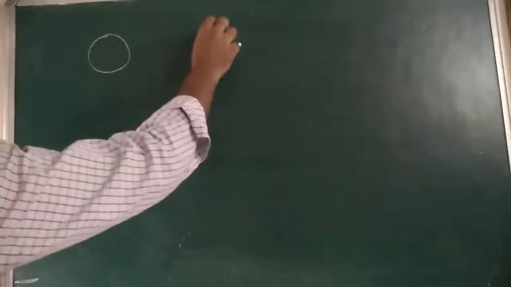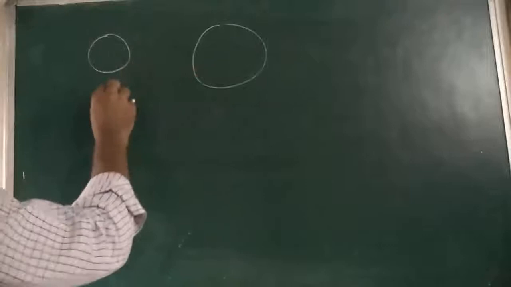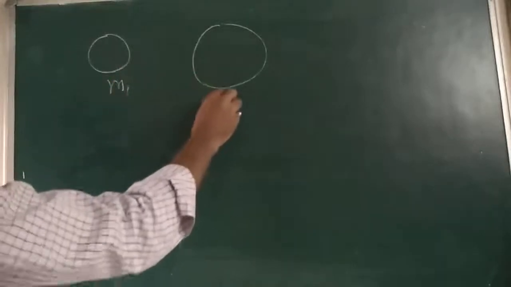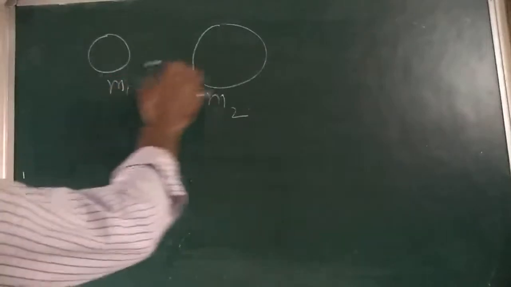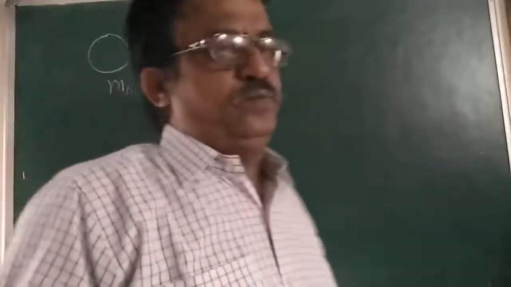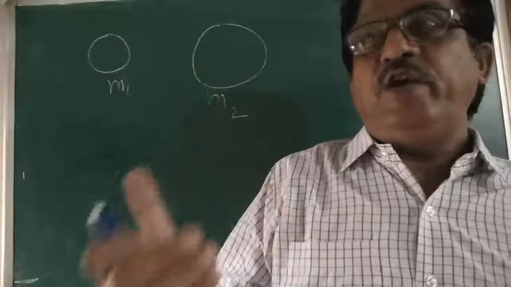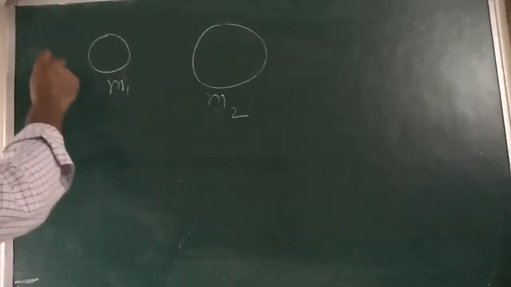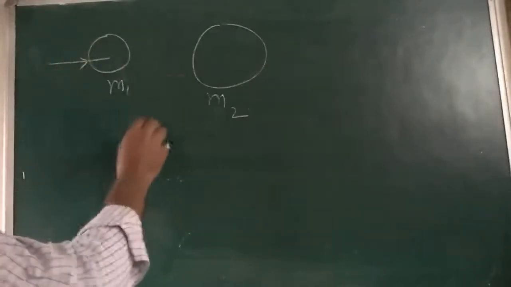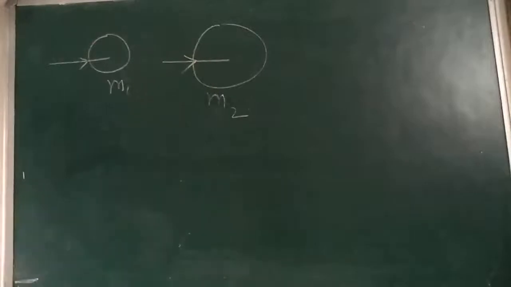Suppose one body is this one, another body is this one, say of mass m1 and say of mass m2. They both are initially at rest. One is heavier and another one is lighter. What will happen? A fixed force is applied to both of them for a certain interval of time.